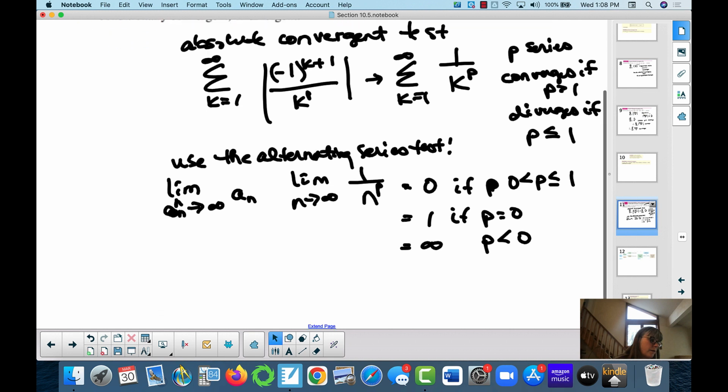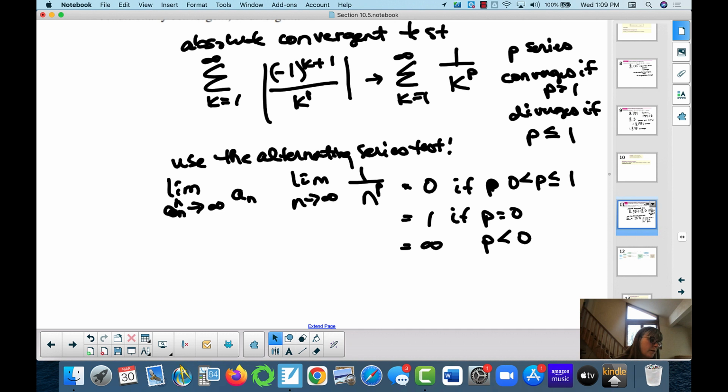Well, we know by any tests, if the limit is infinity, then that diverges. So it diverges if p is less than 0. Now we're just not sure about what happens here, whether it's conditionally convergent or whether it diverges.